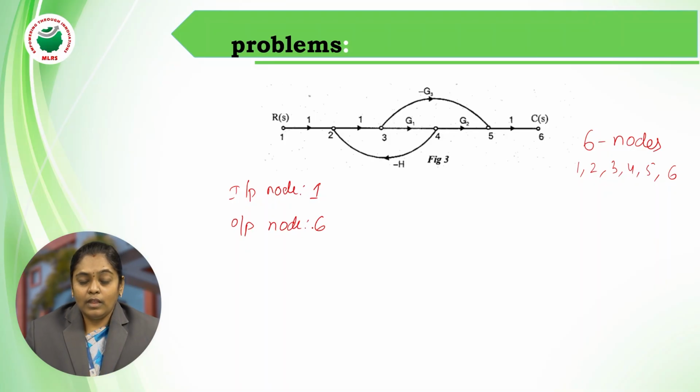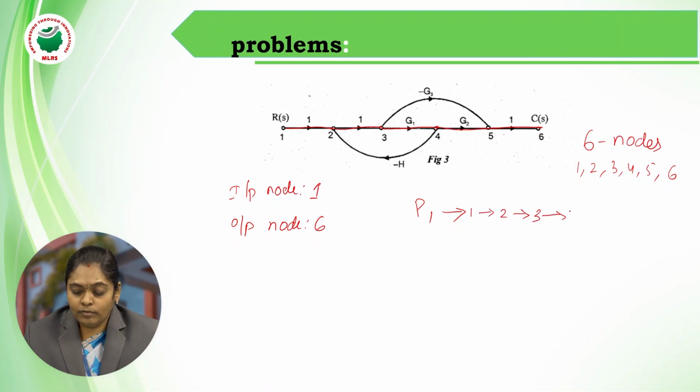I am first traveling from 1 to 2, 2 to 3, 3 to 4, 4 to 5 and 5 to 6. So I have a first forward path in which the signal is moving from 1, 2, 3, 4, 5, 6.